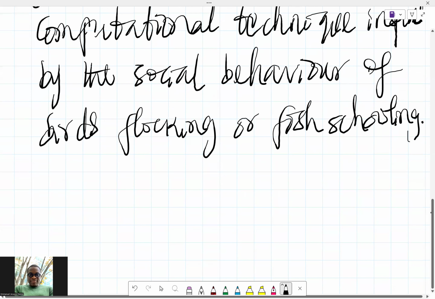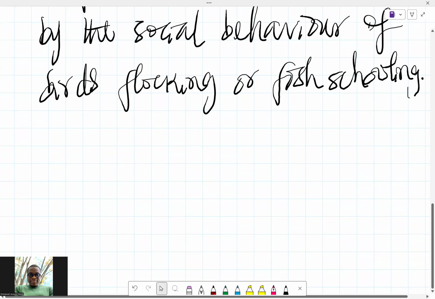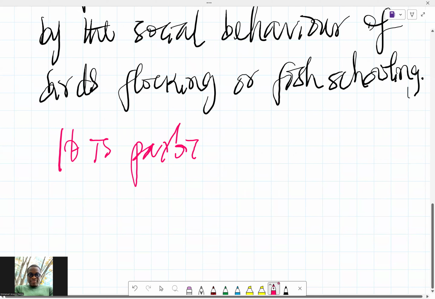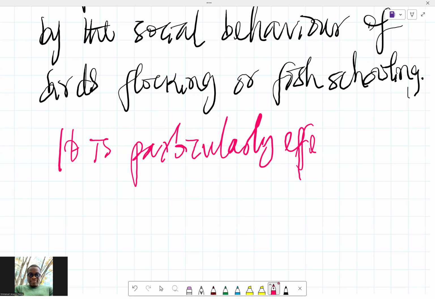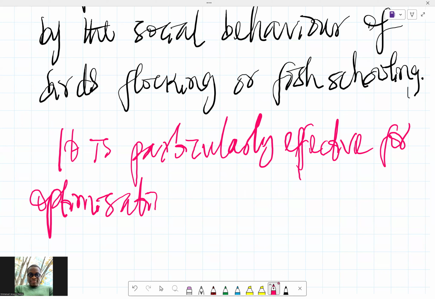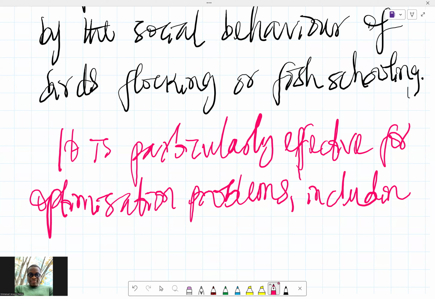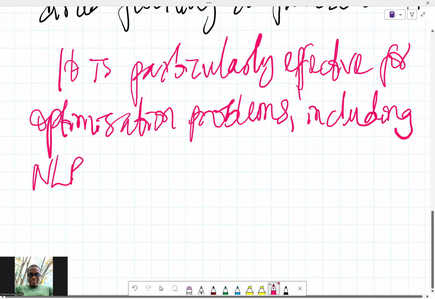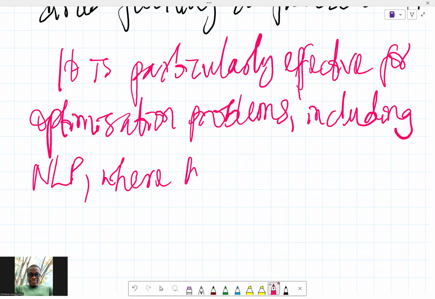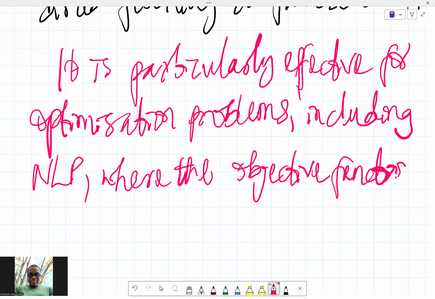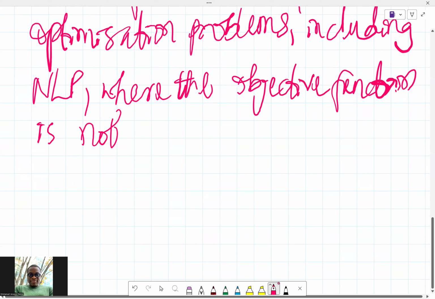So we have a lot of lessons to learn from biology, even for algorithm formation. This is particularly effective for optimization problems, including nonlinear programming problems, where the objective function is not necessarily linear.